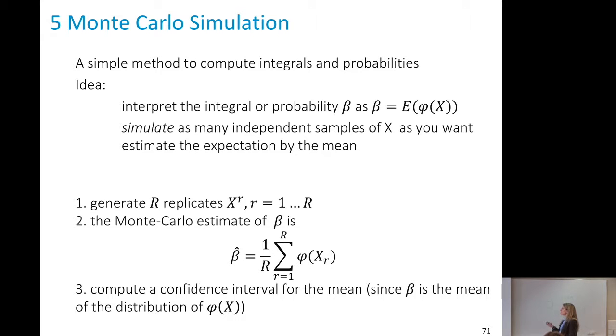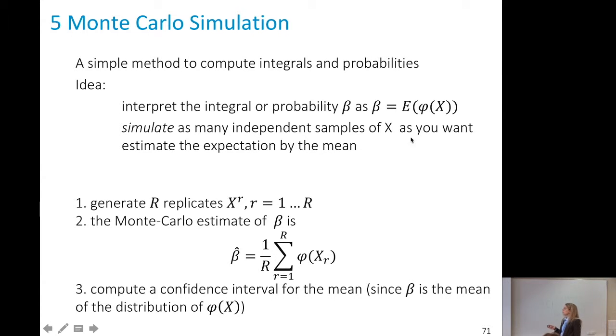And what we do is that we simulate as many independent samples of x as we want. So we learned the method of sampling from a distribution. So we can apply one of the methods we've learned to take different samples of x from the distribution of x. And then we estimate the expectation here.